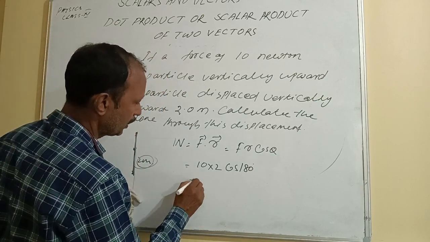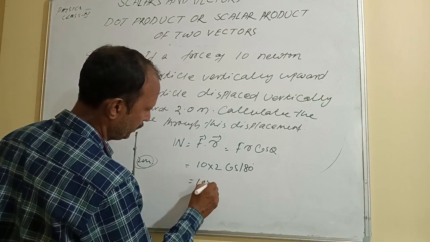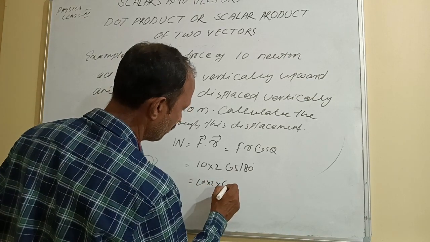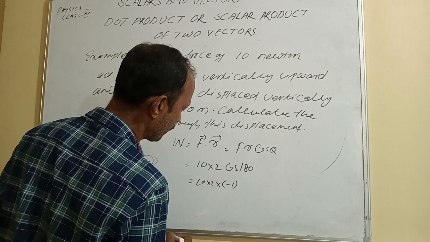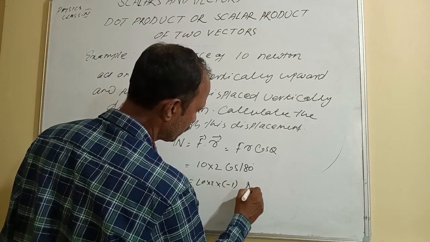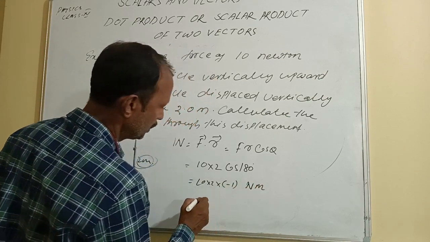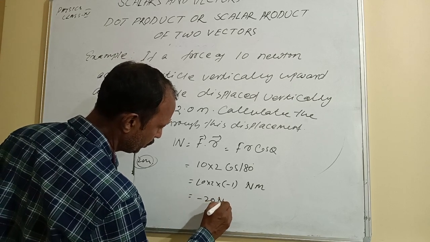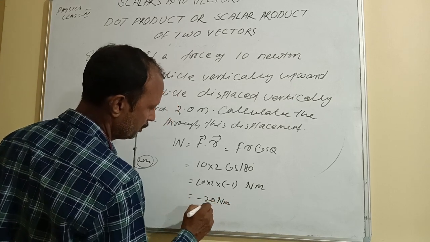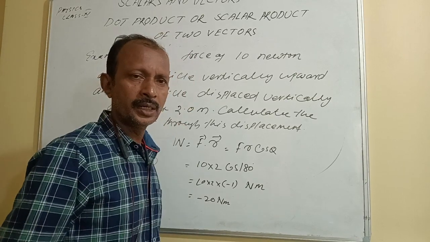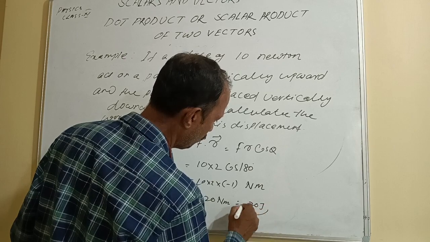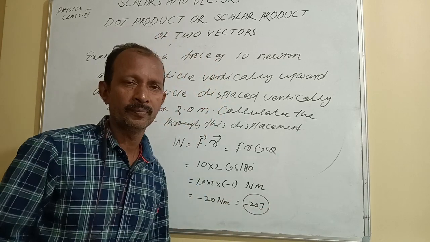So this is equal to 10 into 2 into cos 180 degree. This is equal to minus 1. Newton meter. So I can write this is minus 20 Newton meter, or you can say minus 20 joule of work is done.